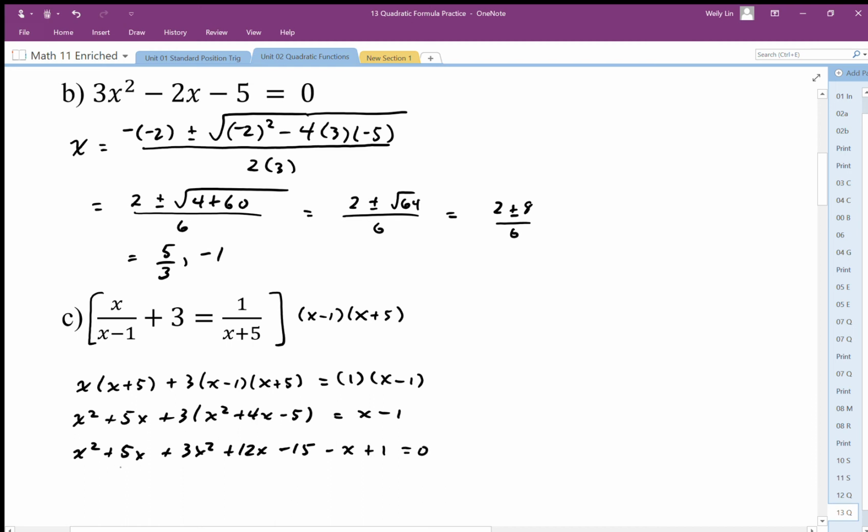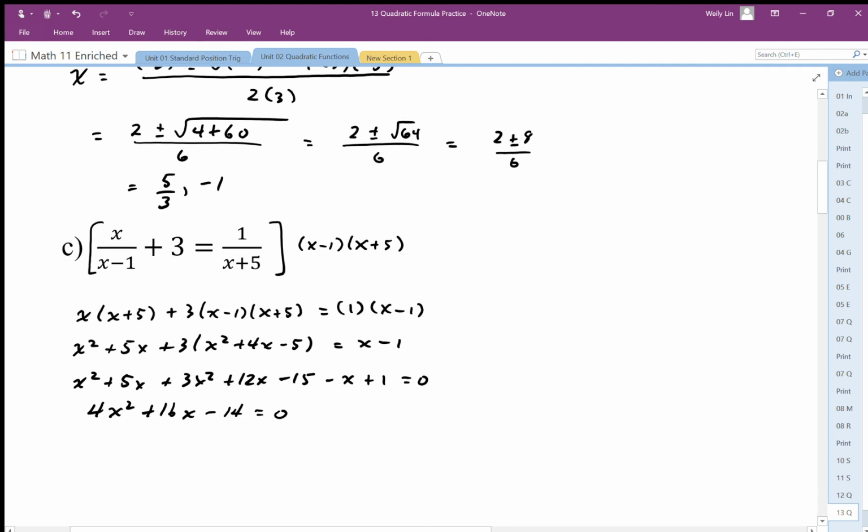Okay, then combining like terms, I end up with 4x squared, combine all our x terms, we end up with 17 minus 1, so plus 16x. Okay, our constant terms are going to add up to negative 14, and that's equal to 0.